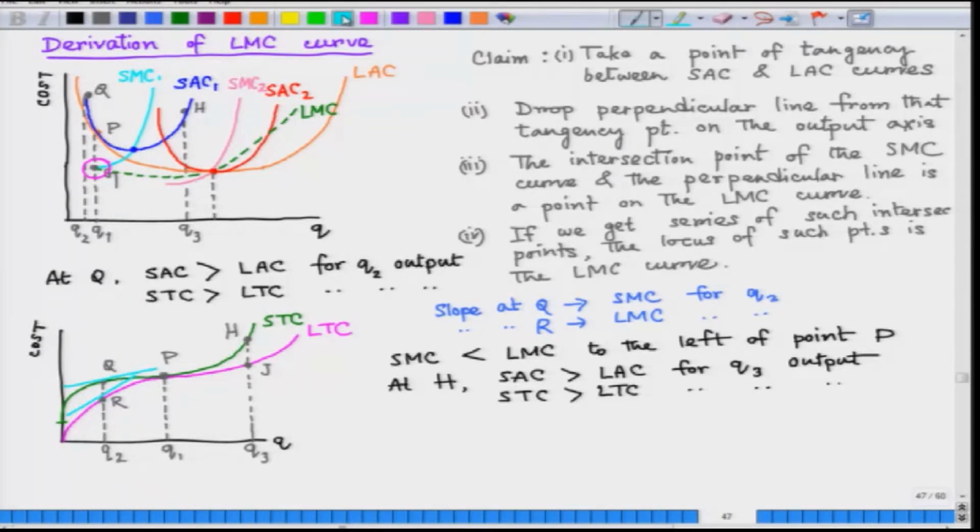You can very well see that the slope of the long run total cost curve at point J is flatter, is less compared to the slope of the short run total cost curve at point H. So, I can write that short run marginal cost is greater than long run marginal cost to the right of point P, right. So, we have derived the long run marginal cost curve graphically.